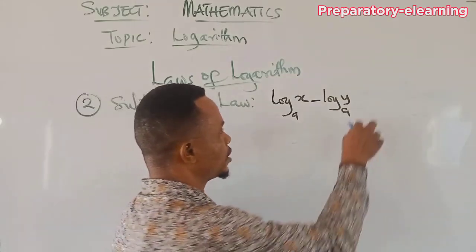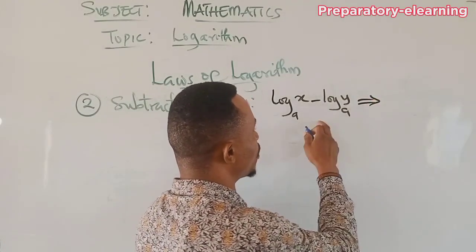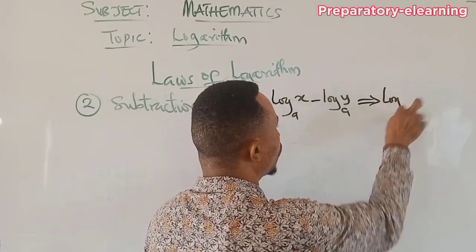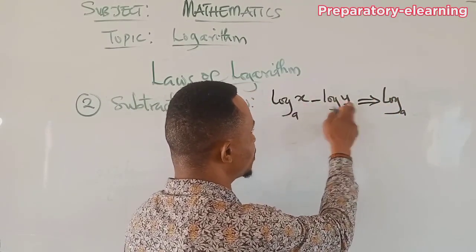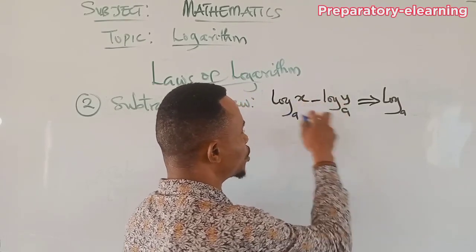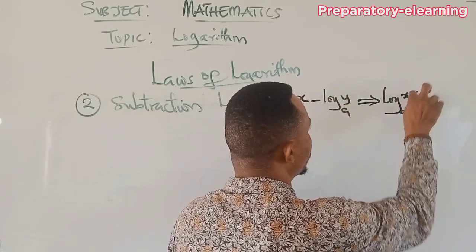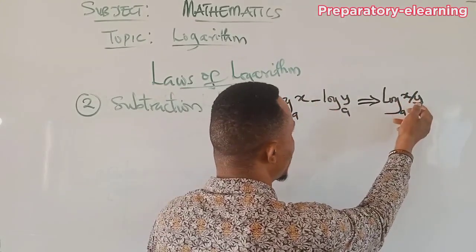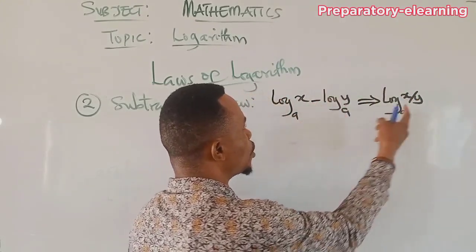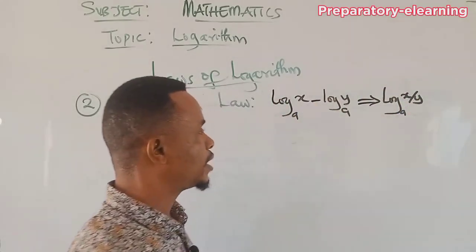Anytime you have something like this, you pick one log, one base. Because of subtraction, you divide these two variables. You divide x by y. So because of minus, you divide. When it was addition law, you multiply. So please take note of that.